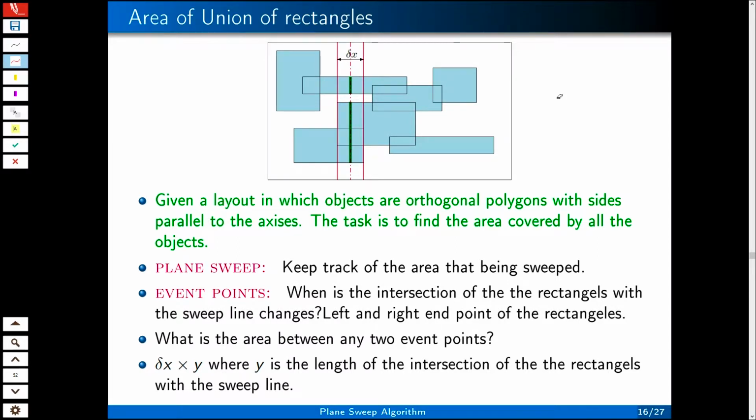This is one event point, because this is the left endpoint of this rectangle. This is another event point, which is the right endpoint of this rectangle. These are two consecutive event points, and I would like to know the area covered between two consecutive event points. How to find out?